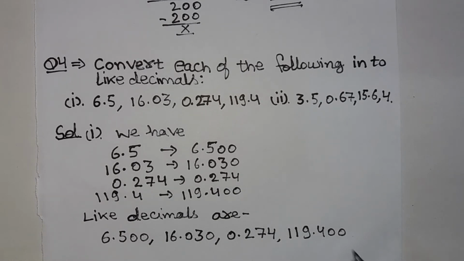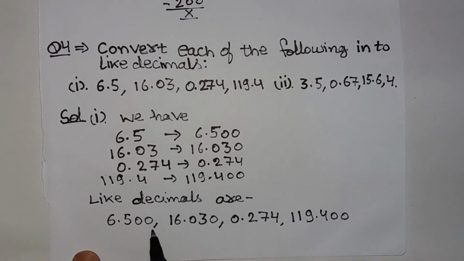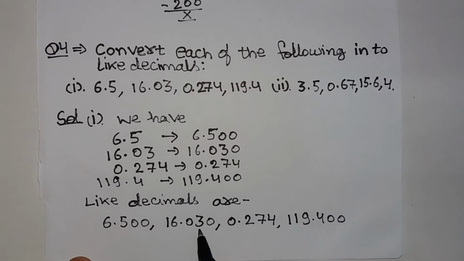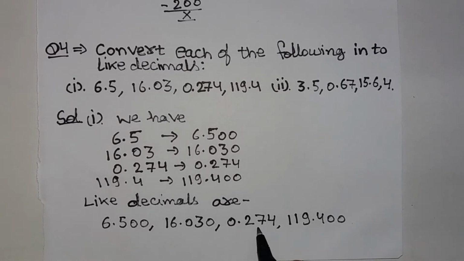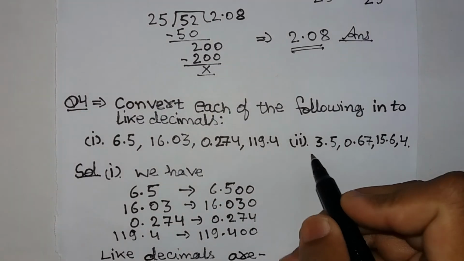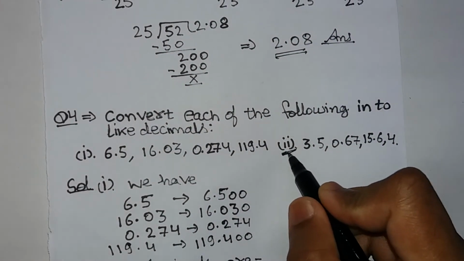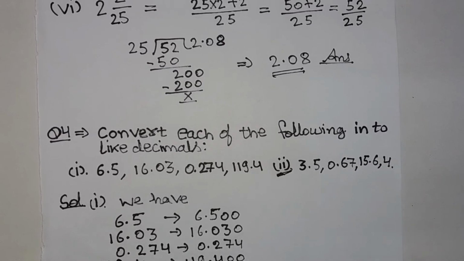So here the like fractions are 6.500, 16.030, 0.274 and 119.400. So these are the like decimals. Similarly, you can try this part. So after this, see the next question.